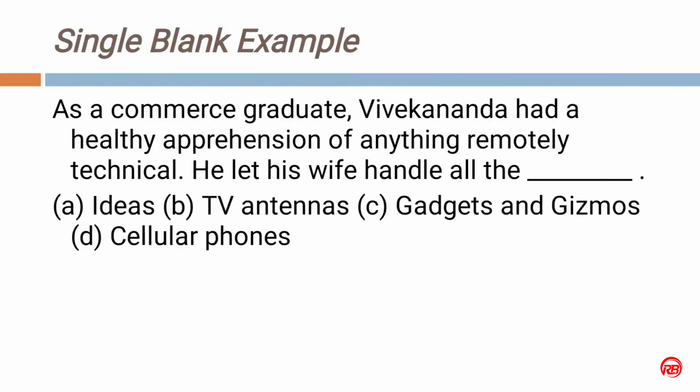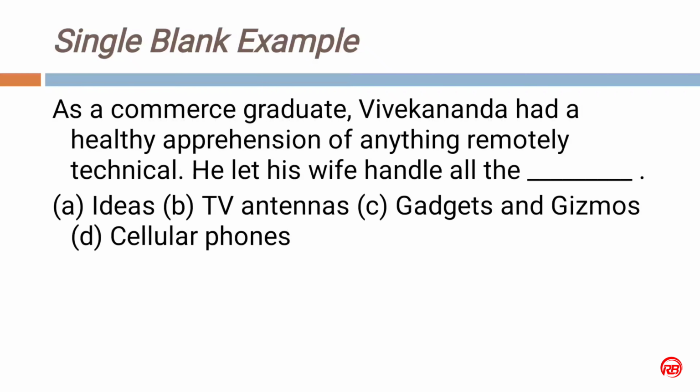As a commerce graduate, Vivekananda had a healthy apprehension of anything remotely technical. He let his wife handle all the dash. So here they speak about Vivekananda. He is a commerce graduate and he is afraid of using remotely technical things like electronic items. So he let his wife handle all the things.